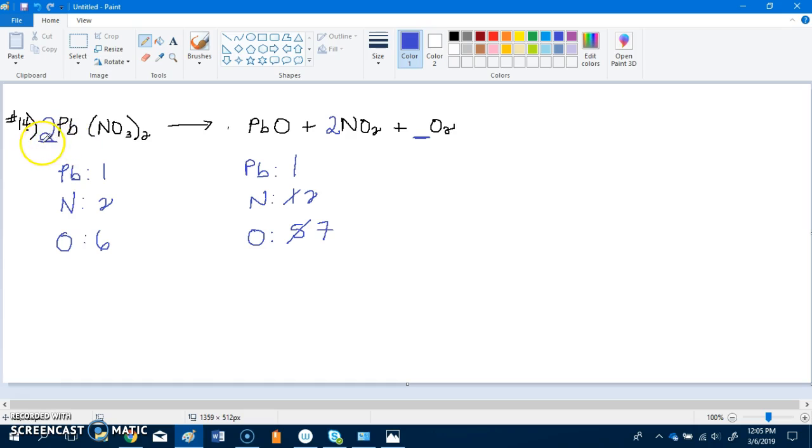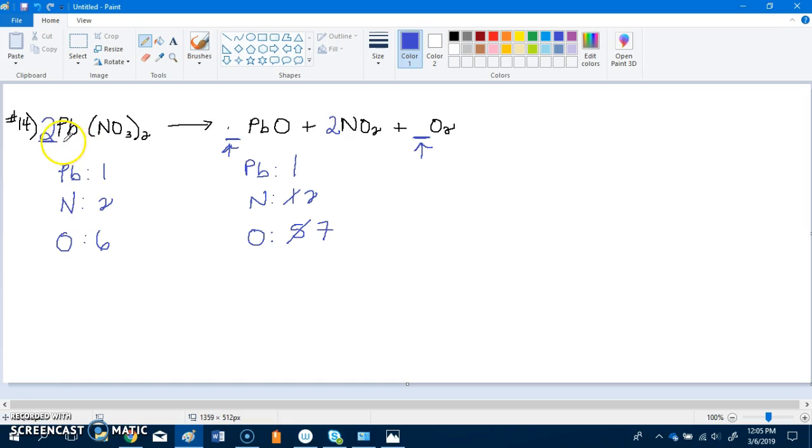So I had 1 there. I'm going to put a 2, and I'll show you what that does. That's just going to give me more oxygens to work with on the reactant side. And by giving me more oxygens to work with, I can then go ahead and manipulate this coefficient to meet my needs, or this one.